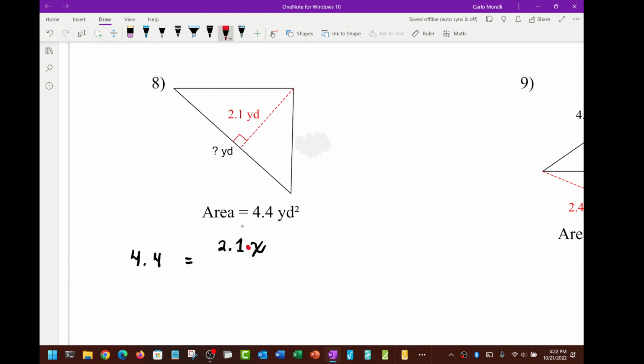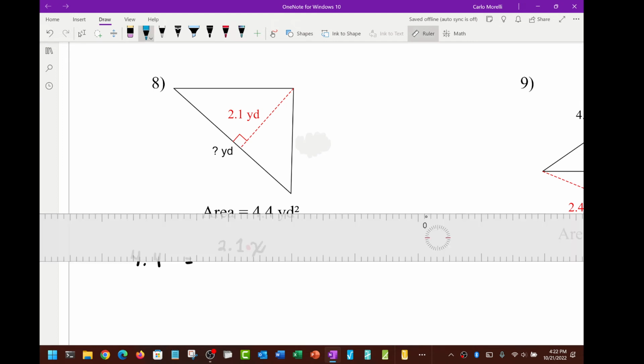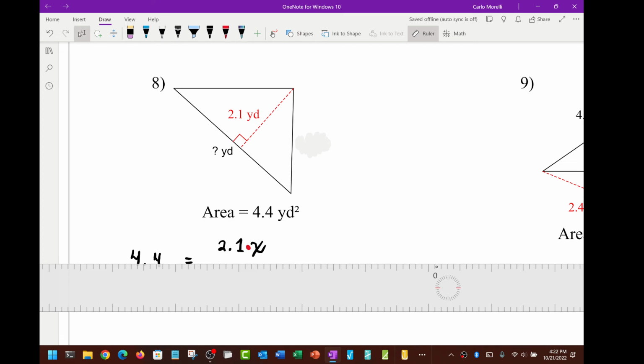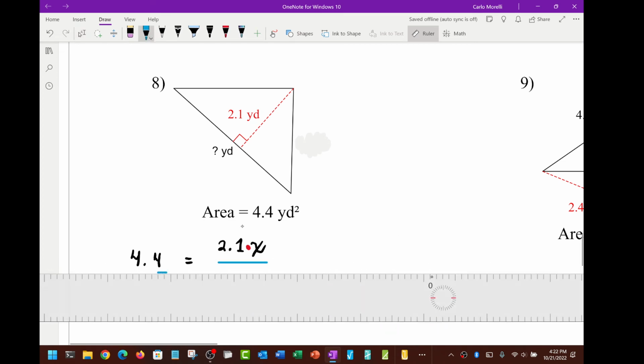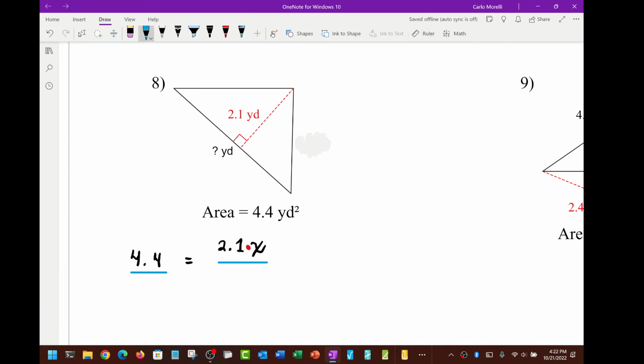So we're going to divide by 2.1. And we get to cancel.